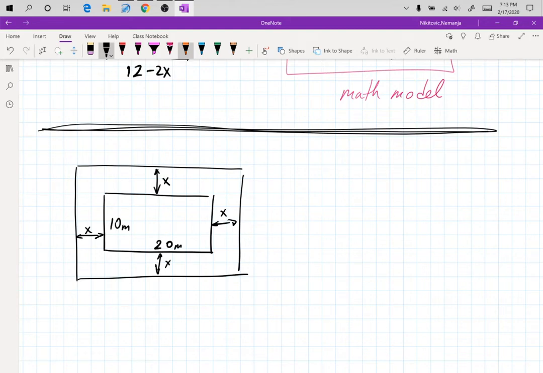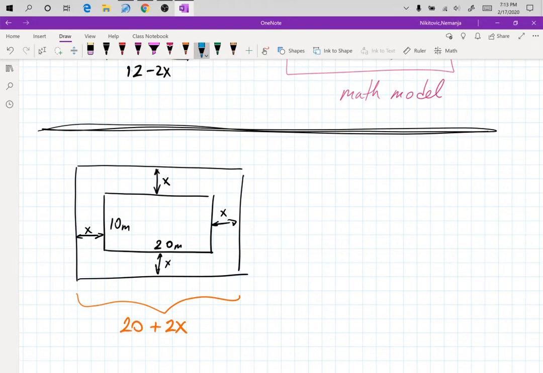There we go. So now, who can tell me what is the length of this side here, looking at the measurements? 20 plus 2x. Beautiful. 20 plus 2x. Because I have 20 for the inner, and then you have x on each side.